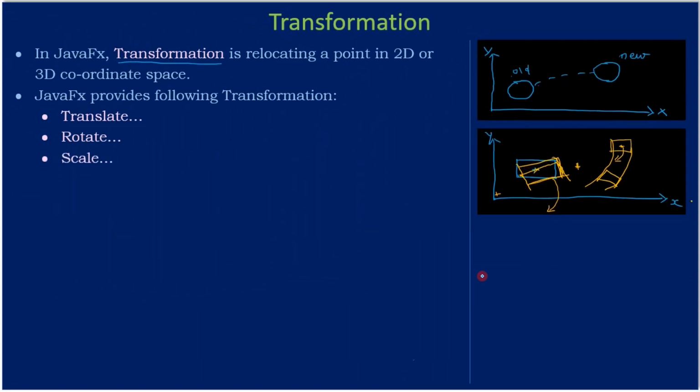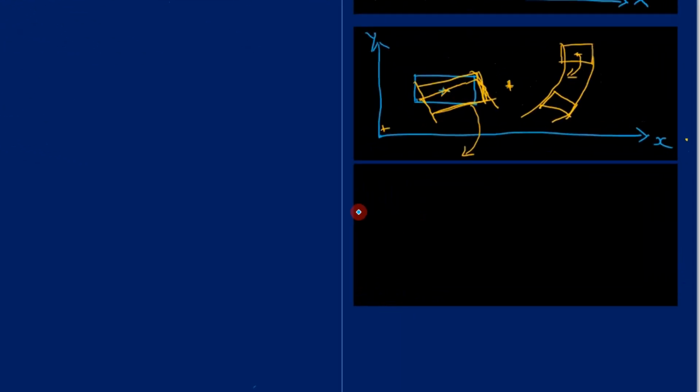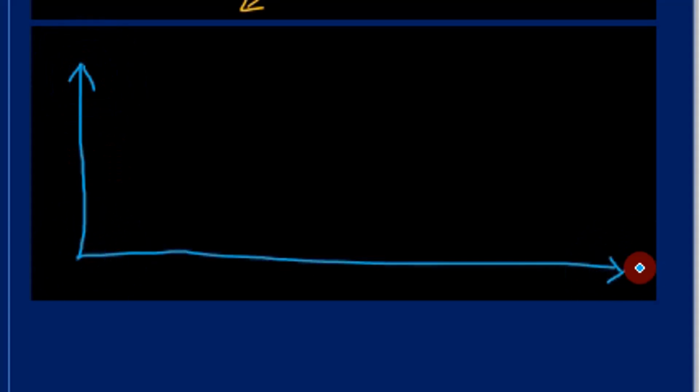So next comes the scale transformation. In scale transformation, we can scale the shape, or we can scale the node. Once again, we will consider the rectangle.